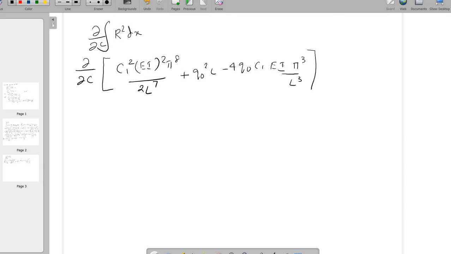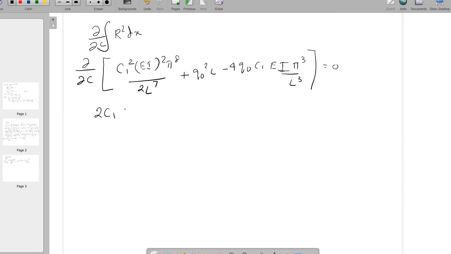So this is the residual square function. Here we are going to differentiate with respect to the constant, which is equal to 0. So we have to minimize the integral of r square dx with respect to the constant.